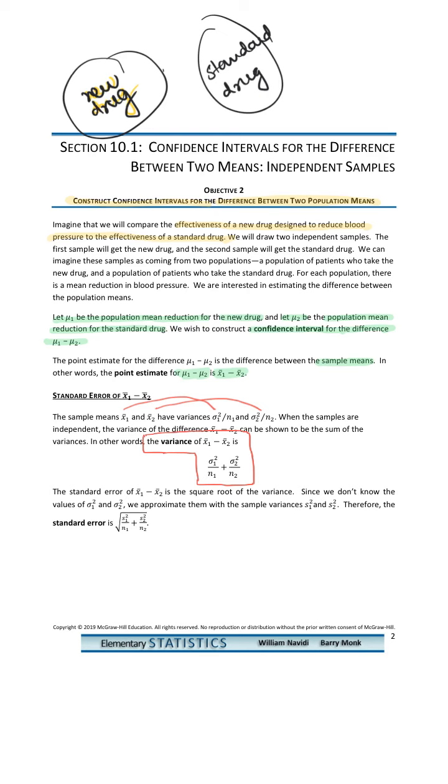The standard error, we will use this formula, that is the square root of that. Because we don't know the values of sigma 1 squared and sigma 2 squared, we can approximate them using the sample variances. So we will use s1 squared and s2 squared instead of sigma 1 squared and sigma 2 squared. So these are the formulas we need to know in this section.